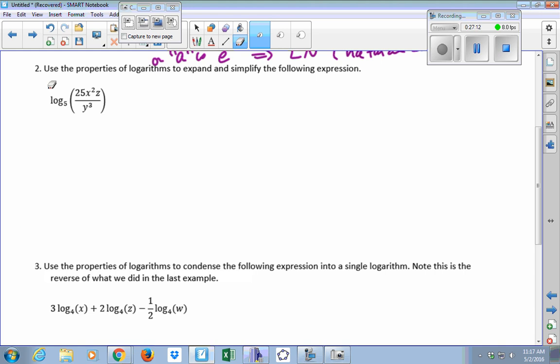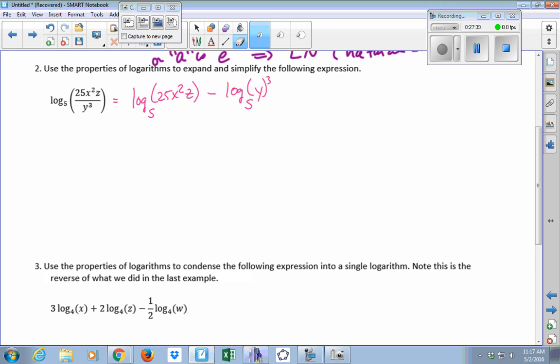So when I look at this, the first thing I see is division. So I want to say, okay, I'm going to be subtracting the log of my numerator and the log of my denominator. That's the first property I'm going to use because it's a division problem.